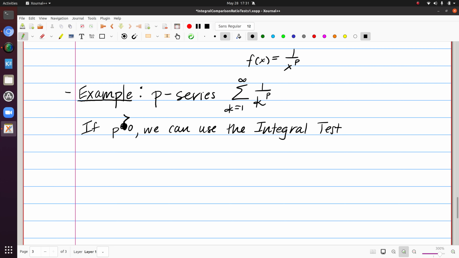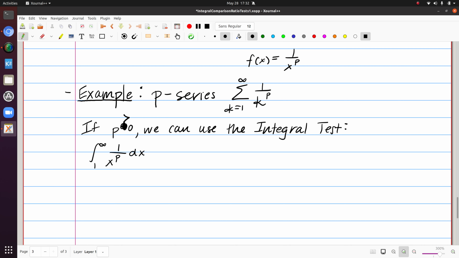But as long as we have p greater than 0, we need to determine whether or not the integral from 1 to infinity of 1 over x to the p converges. But this is exactly the type of integral that we looked at back in our improper integrals section.